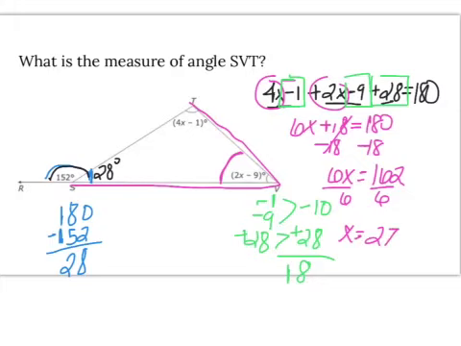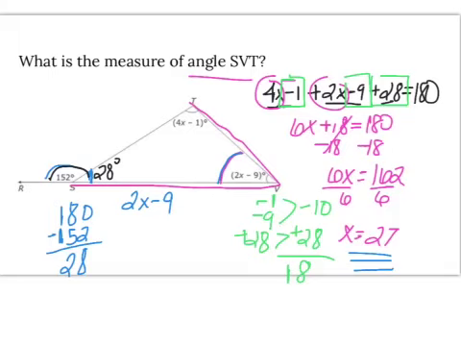So let's go back to the question. It says, what's the measure of angle SVT? Again, we identified that angle SVT was this angle right here. That angle is not just x, so I am not done. Don't get tricked by this because this would be a multiple choice answer. So my angle SVT is represented by 2x minus 9.